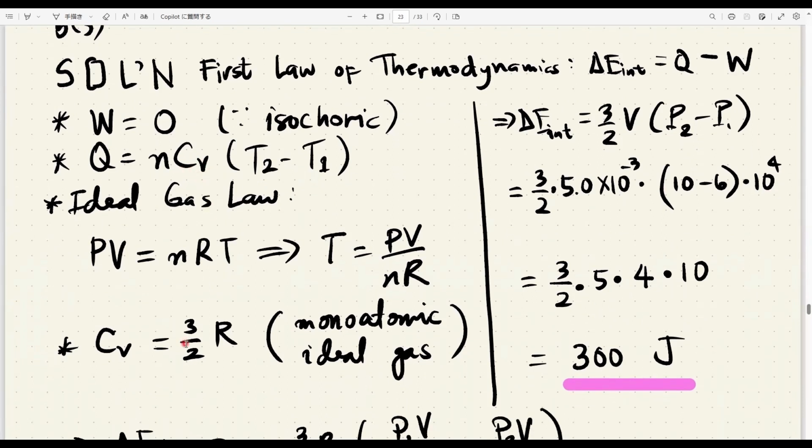And we know that that value is actually for monoatomic ideal gases. It's 3/2 of R, this R here, okay? We know this for monoatomic ideal gases, while for other kinds of gases, this will be different. But for monoatomic ideal gases, the heat capacity at constant volume is 3/2 of the gas constant.